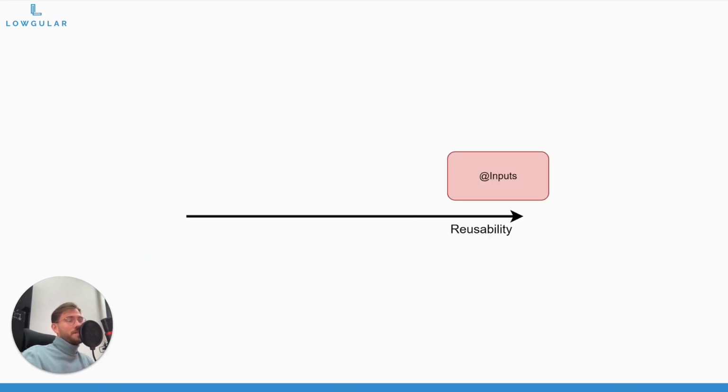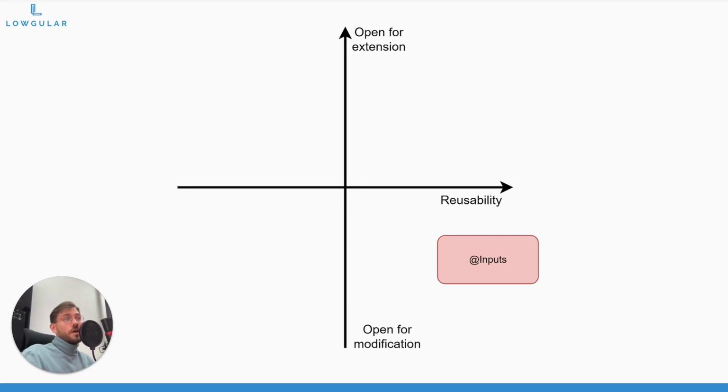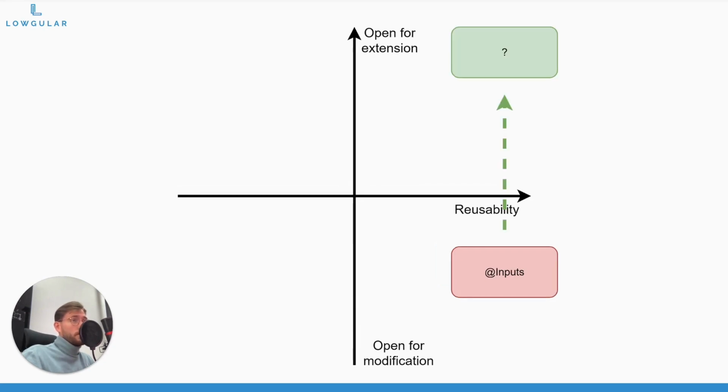Thank you, mate, and let's stop for a second and talk about his words. We already know that inputs can be very reusable, but maybe too much. The thing here is that maybe there is a second dimension. And yes, there is. It's called open for extension.